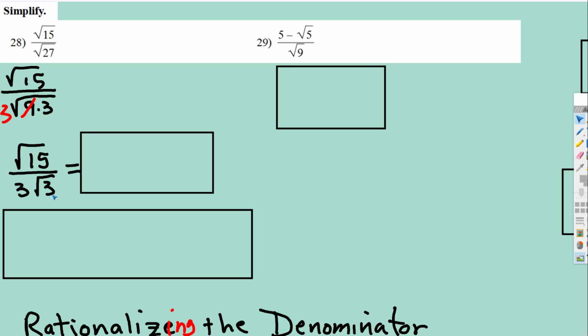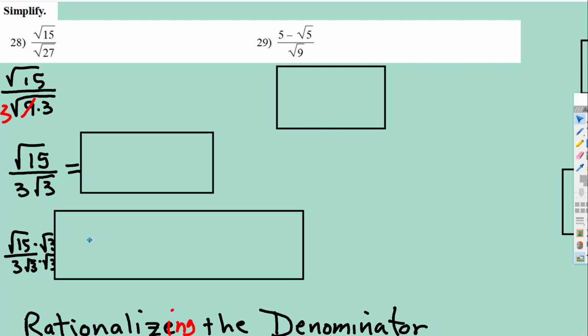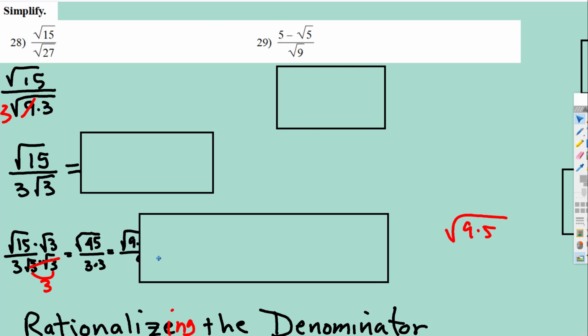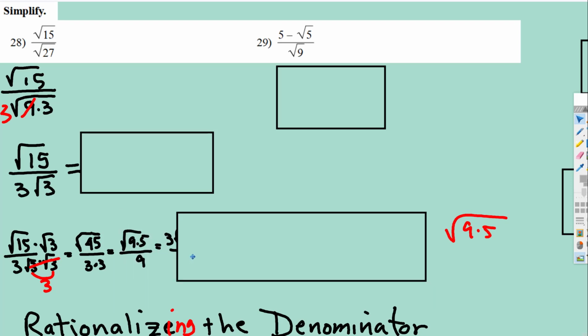We still have to get this root 3 out of the denominator. So you would multiply top and bottom by root 3. Remember what we said, when you multiply a radical times itself, the radical goes away, leaving the number. And now you have 3 times 3. But root 45 is the same thing as 9 times 5, which is what I did right there.